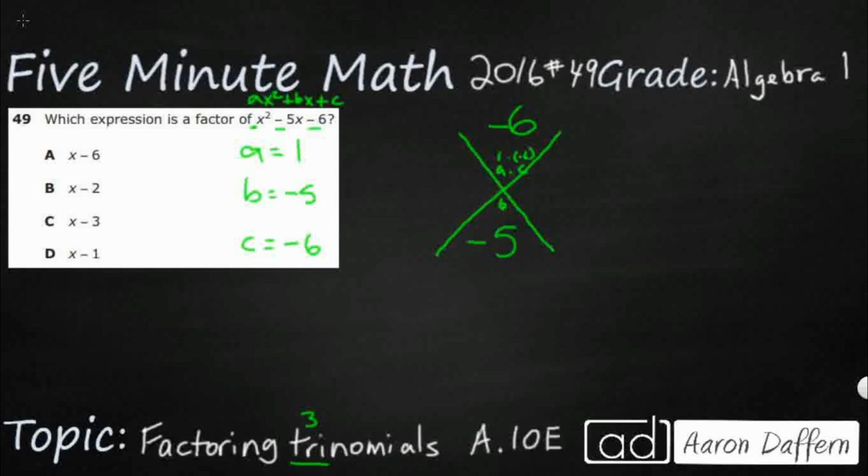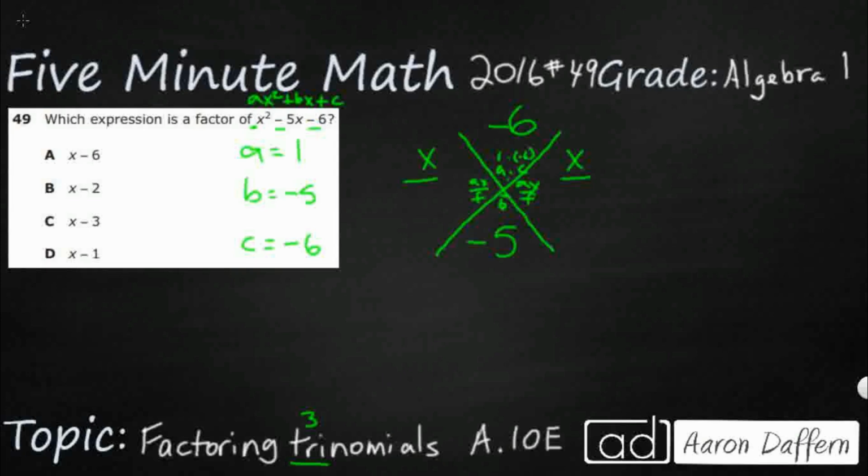So here is our challenge: we are going to need to find the factors, because in order to solve this over here on the left, we need ax over the factors. We need the same thing over here. So a is 1, so I'm just going to write x over, and then my factors are going to be the factors that multiply to negative 6, and then add to negative 5.